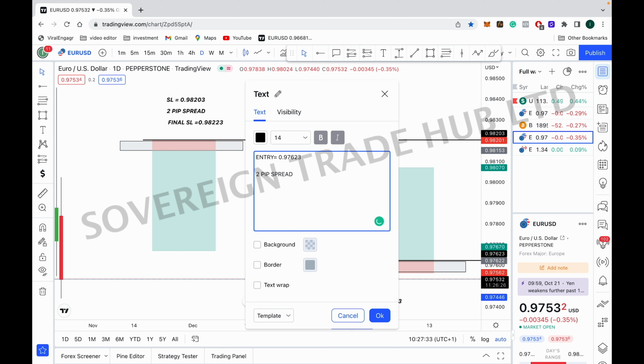For example, that means my final entry is going to be, now what do I have to do? I will add the spread to the entry price. So the final entry price is going to be 0.97643.